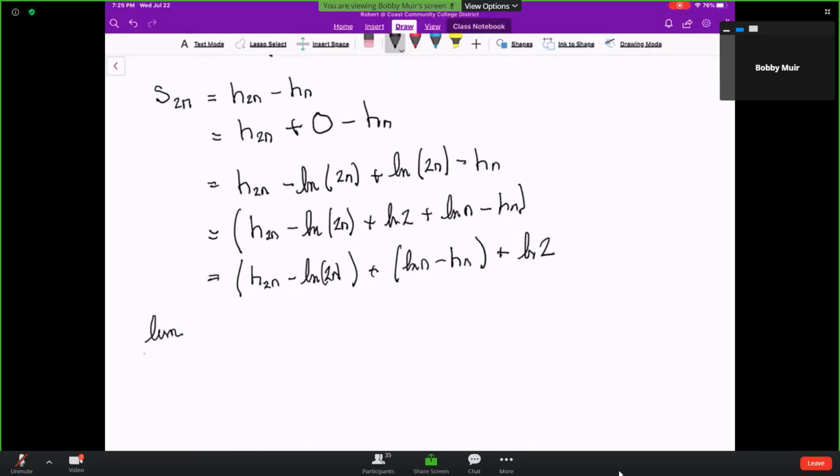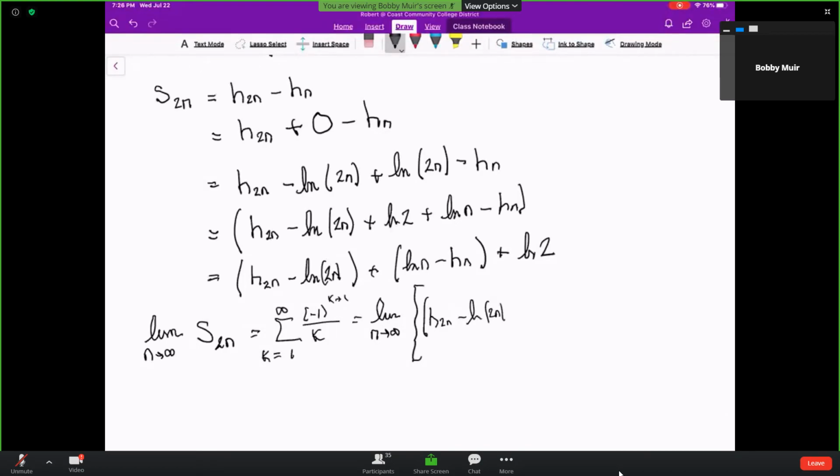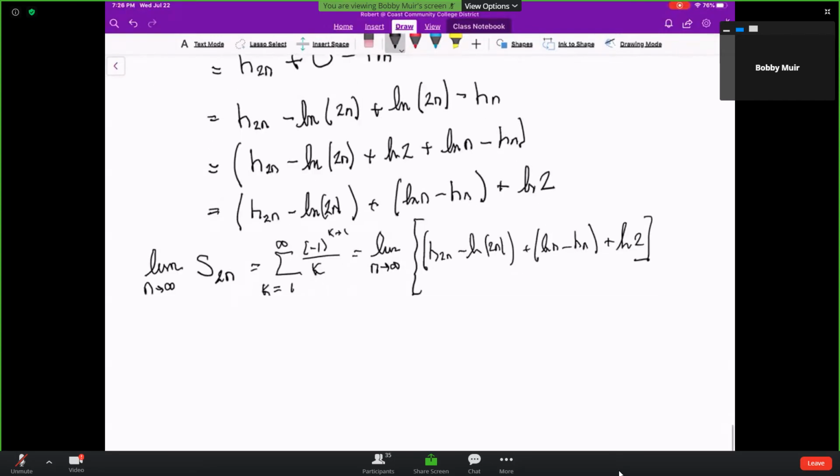So the limit as n tends to infinity of S sub 2n, which, by the way, folks, is the infinite series, the alternating harmonic series, is the limit of all of this stuff as n goes to infinity of H sub 2n minus the log of 2n, natural log of n minus H_n, plus the natural log of 2. But hold the cannolis here.